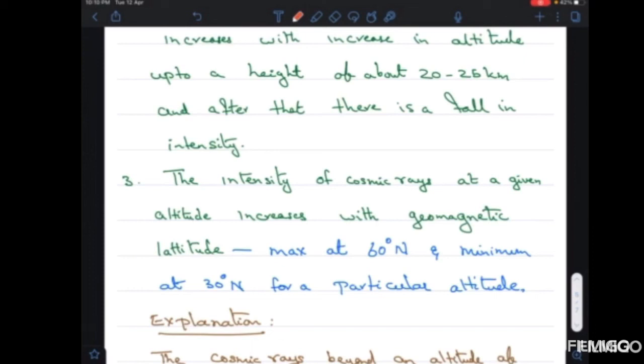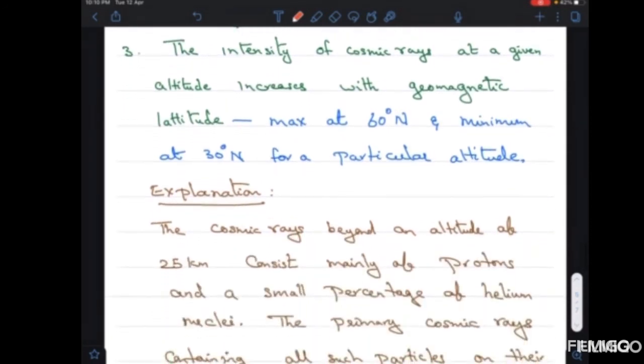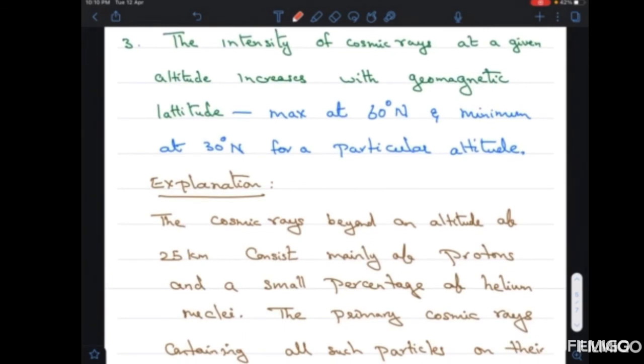It is a maximum at 16 degrees north and minimum at 30 degrees north for one particular altitude. And the explanation is as follows: the cosmic rays beyond 25 kilometers consist mainly of protons and a small percentage of helium nuclei.